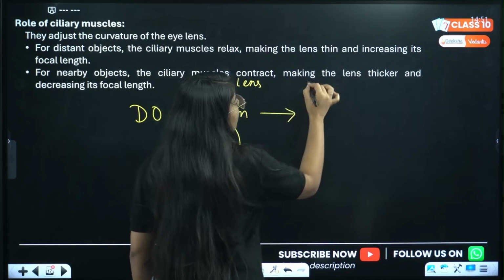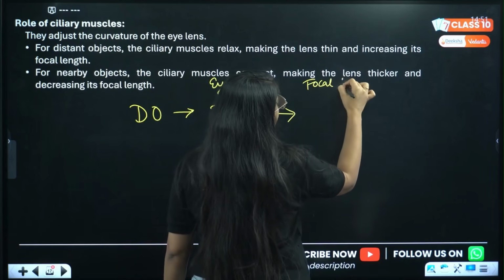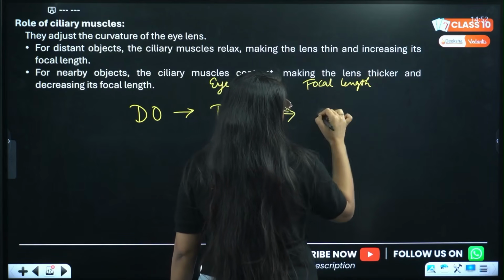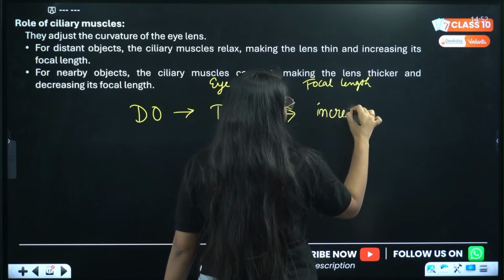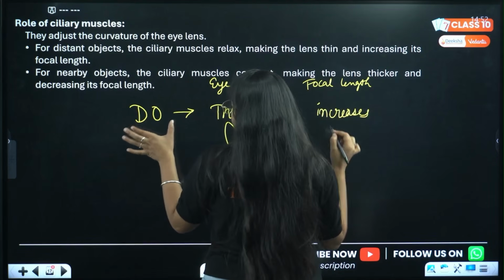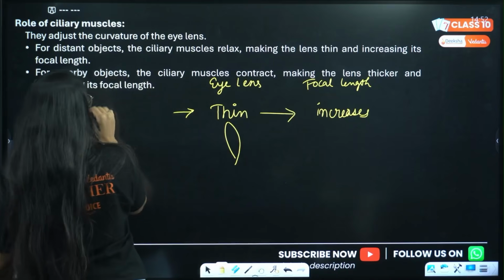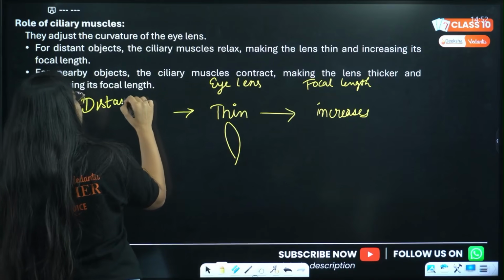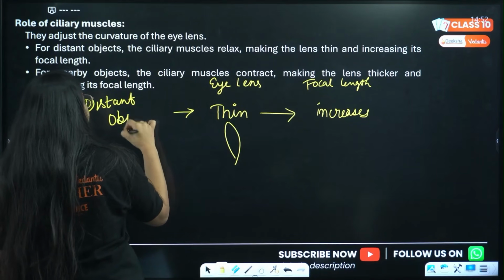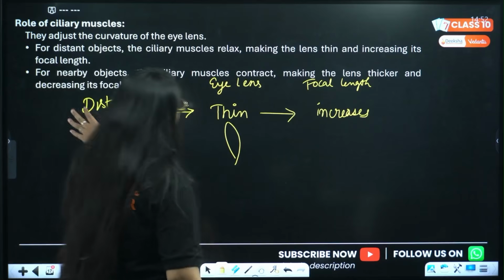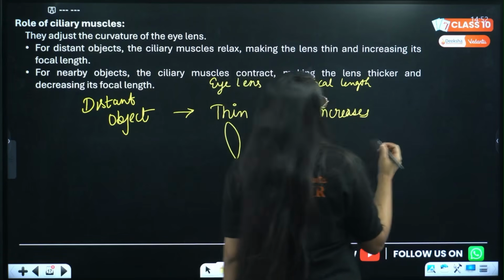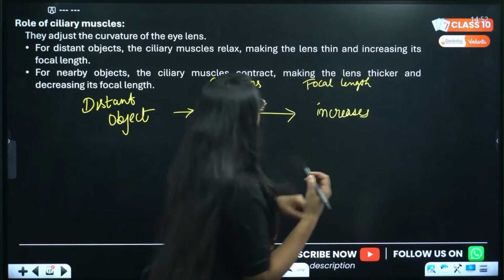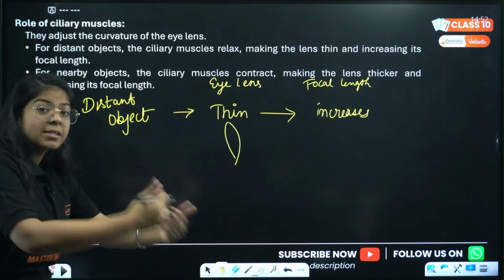And its focal length increases. More the distance, more the focal length, and hence the eye lens is thin to see the distant objects.